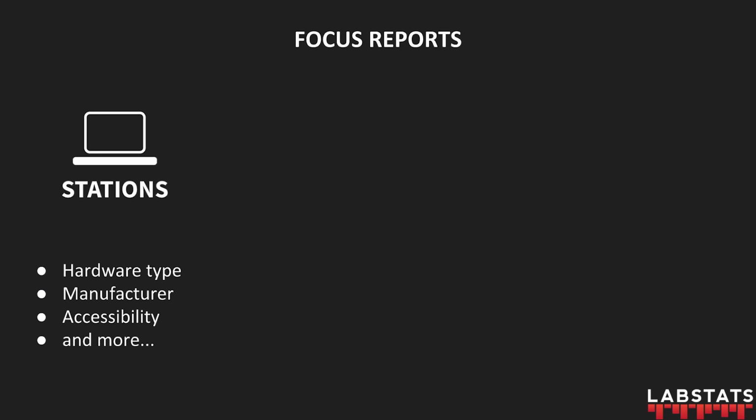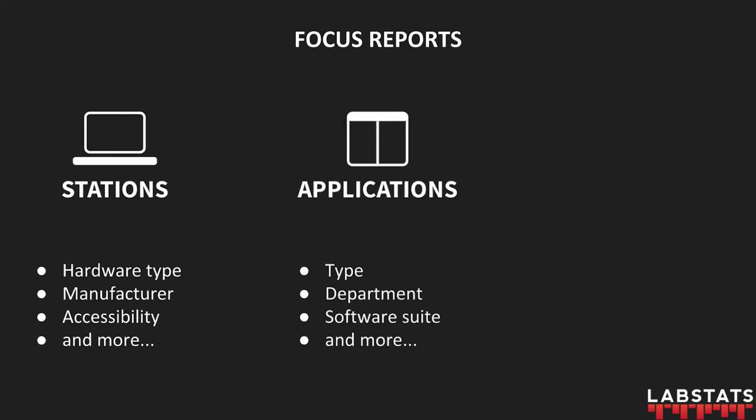Do you want to look at a report that compares two campuses with each other, looks at one campus, one department, one computer lab, or even down to specific attributes of the computers themselves, such as hardware type, manufacturer, different resources that are available? So stations are one application of the reports to be able to look at that, but we can't forget about applications.